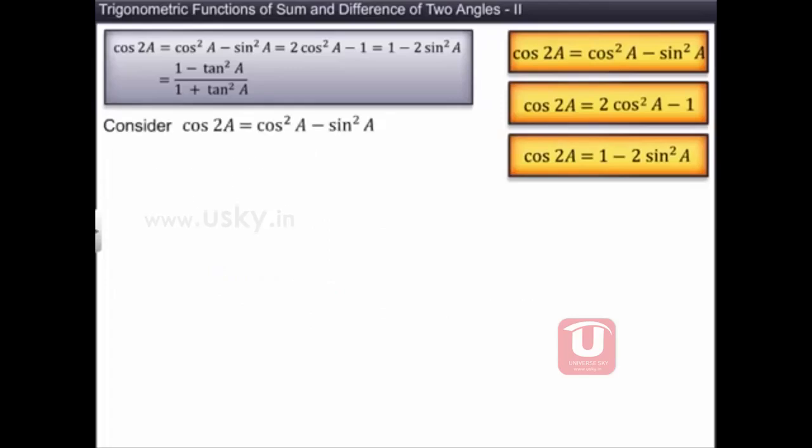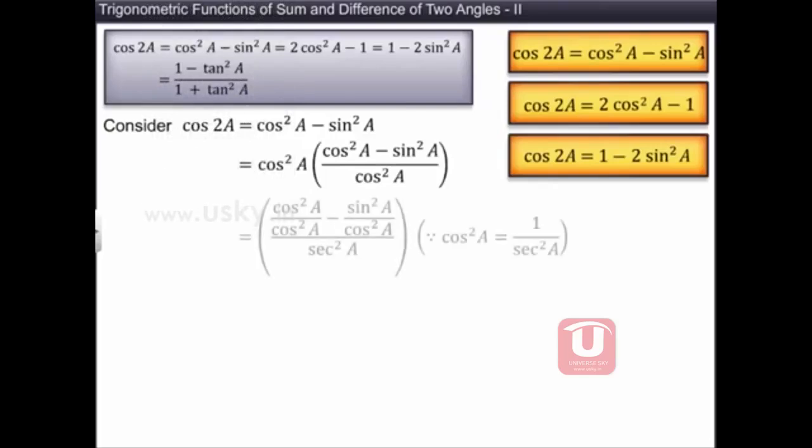Now, let us again consider cos 2A is equal to cos square A minus sin square A. Multiplying and dividing the right-hand side by cos square A, and then rearranging the terms, we get this.